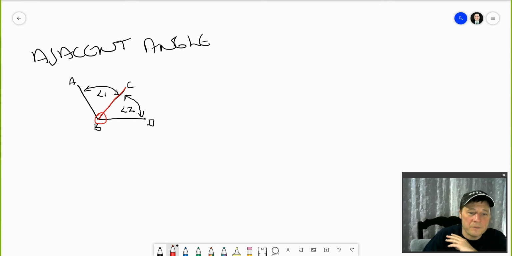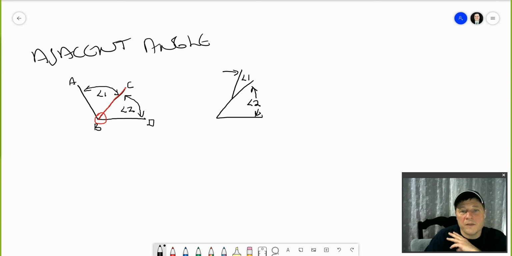What would be an example of 2 angles that are not adjacent? So if we had this scenario here, okay, we have angle 1, I won't draw the arrows, and we'll call this angle 2 here. Angle 2 we can draw the arrows for on the inside, and angle 1 will utilize this arrow and this arrow. So we've got our 2 arrows.